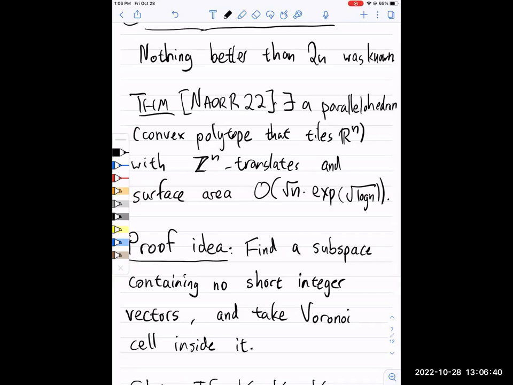Mean width is a mixed volume. It's like a surface area. I think you will get something better. The best value is not a cube, so that will give you something better.